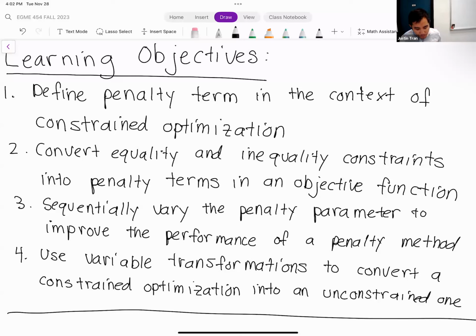In terms of what we have remaining in the course, I do want to finish up our set of lecture notes on constrained nonlinear programming because you are going to need it for your final project. I want to finish that up at the absolute latest at the end of this week. So we're going to finish up penalty terms today, and I did want to go over variable transformations.